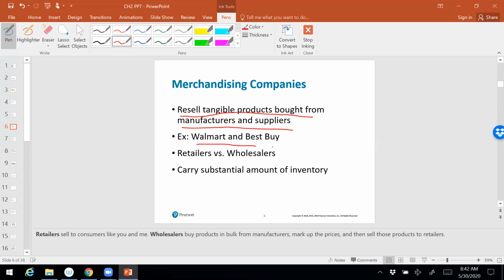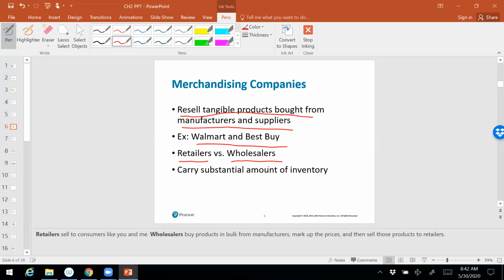You should know this very easily, like Walmart, like Target, like Best Buy. And then there are 2 subtypes. One is retailers, one is wholesale. You can read this in the textbook. But wholesale, generally larger size, like Costco. Retail, if you open a small store in your neighborhood, that's the retailer.